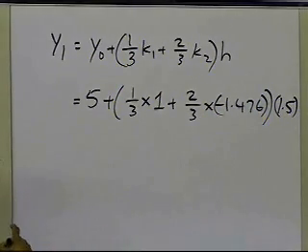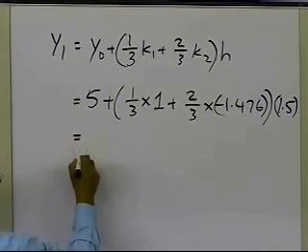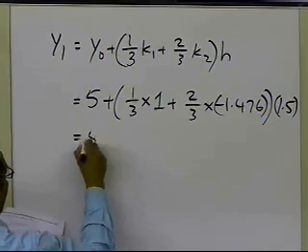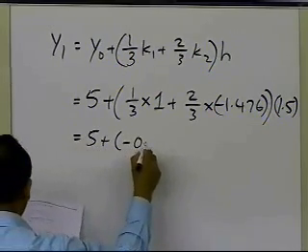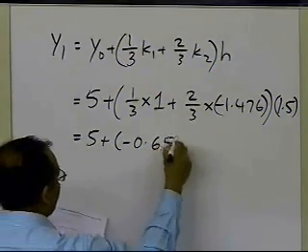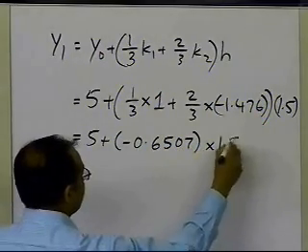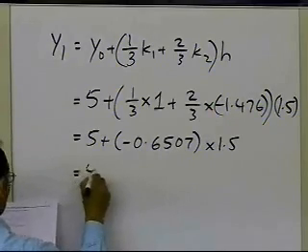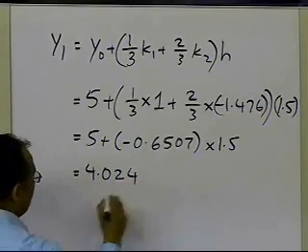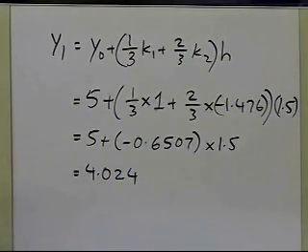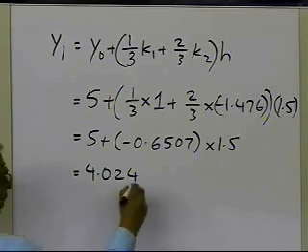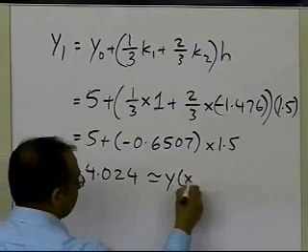So this number here turns out to be 5 plus minus 0.6507 times 1.5, and this value turns out to be 4.024. So that is my approximate value of y1, which is the approximate value of y at x1.